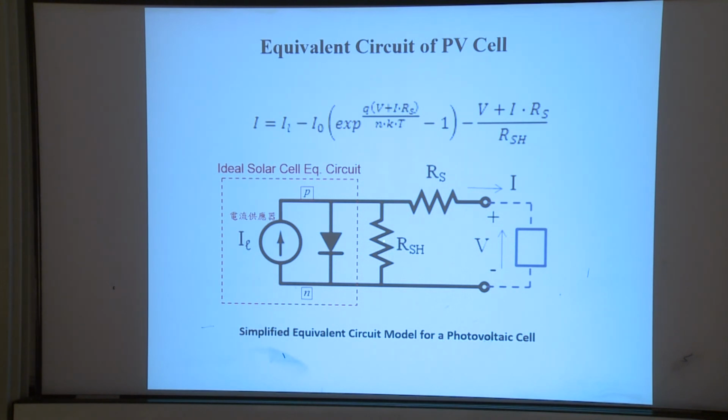So this is called the series resistance and shunt resistance. For a real solar cell, the equivalent circuit should be something like this: not only the ideal solar cell part, but also we connect a shunt resistance as well as a series resistance.